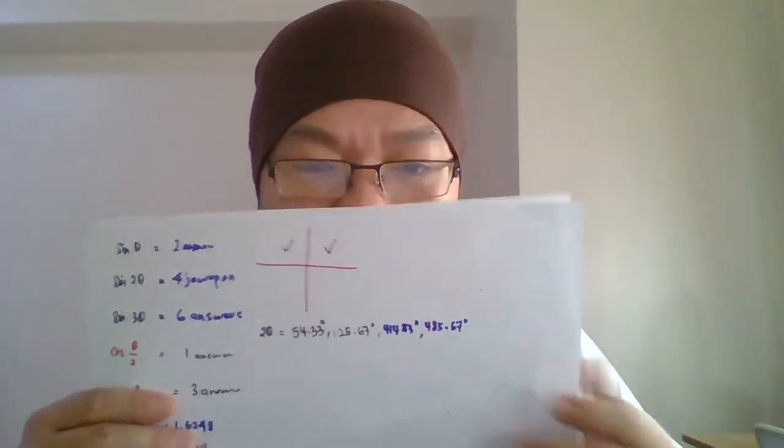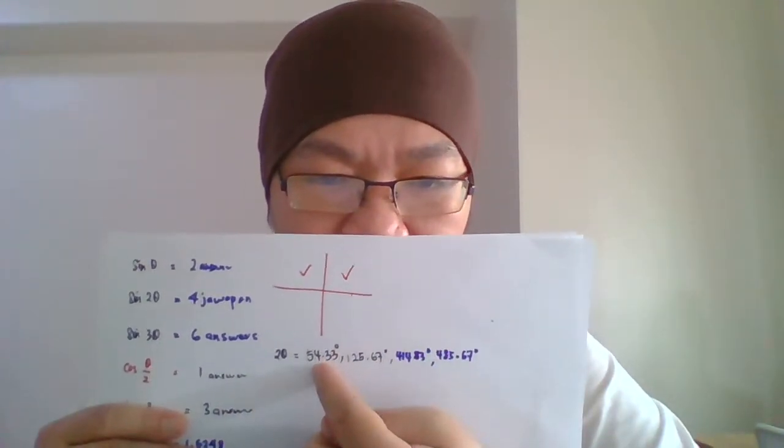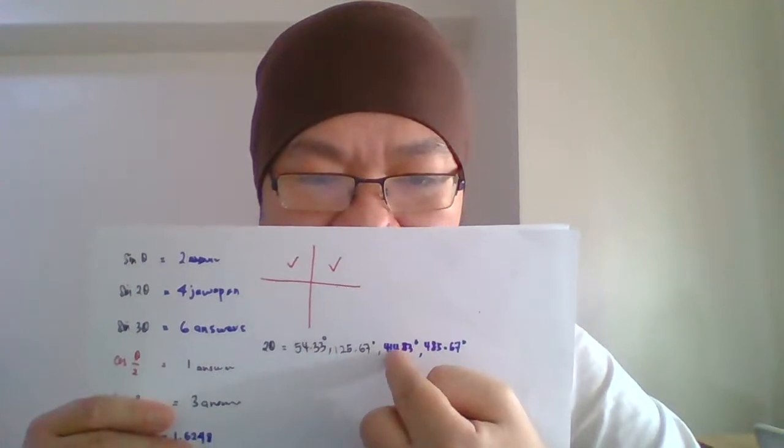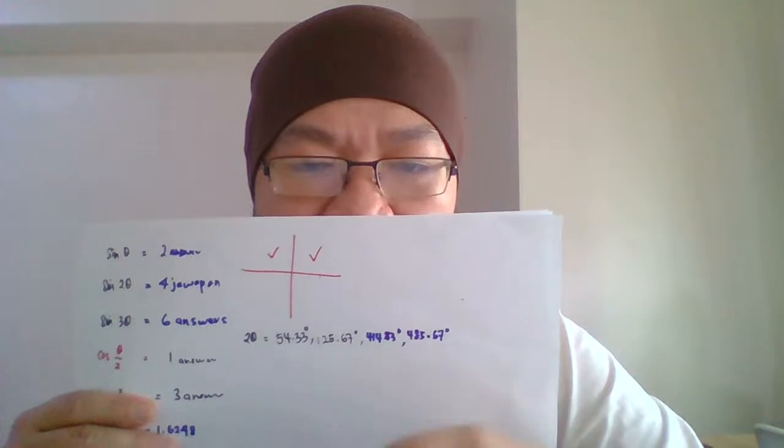How did I get this blue color? Just plus 360 on the first answer and we get the third answer. Just plus 360 on the second answer to get the fourth answer.